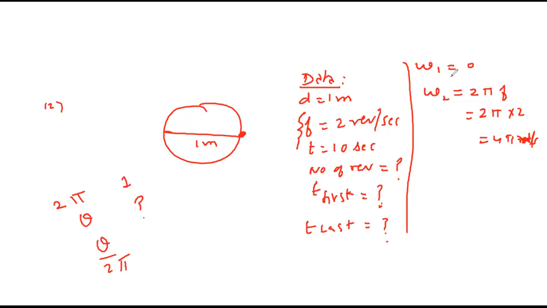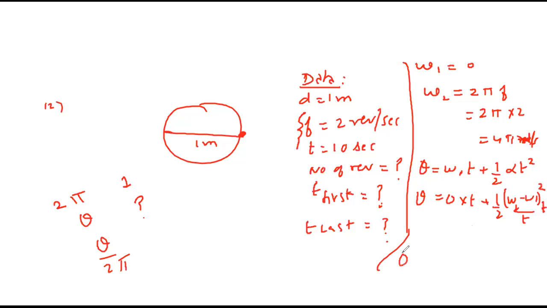So first I am finding the formula. Theta equals omega 1 t plus half alpha t square. So theta is 0 into t plus half alpha, where alpha is omega 2 minus omega 1 upon t, into t square. So theta equals half omega 2 minus omega 1 times t square upon t.